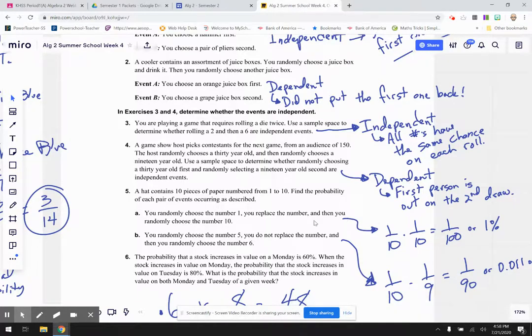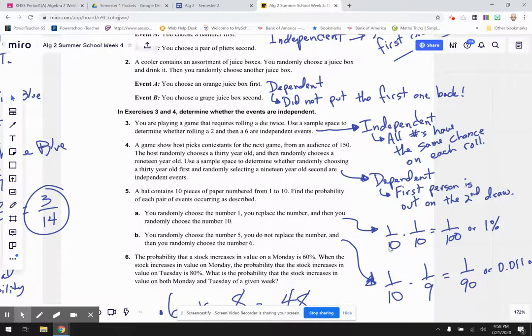You kind of illustrate them here. A hat contains 10 pieces of paper, numbered 1 to 10. Find the probability of each pair of events occurring. So you randomly choose a number 1, then you put it back, you replace it, then you randomly choose a 10. So the probability of pulling out a 1 is 1 out of 10. There's 1 in there out of 10 pieces of paper.